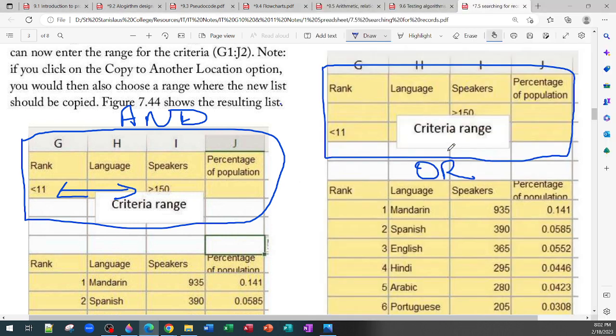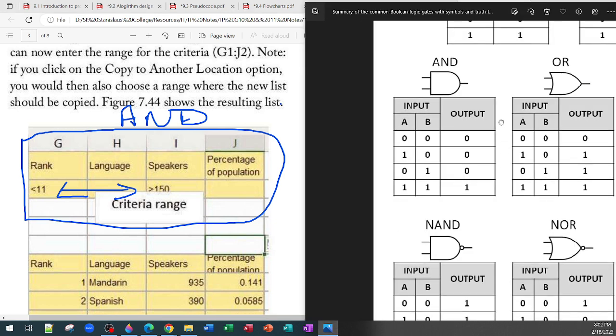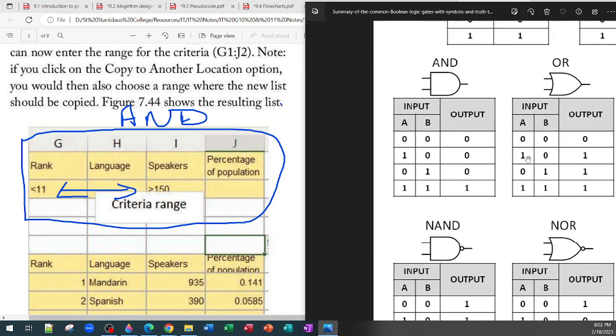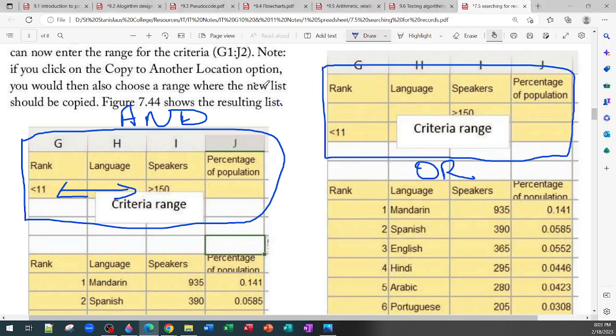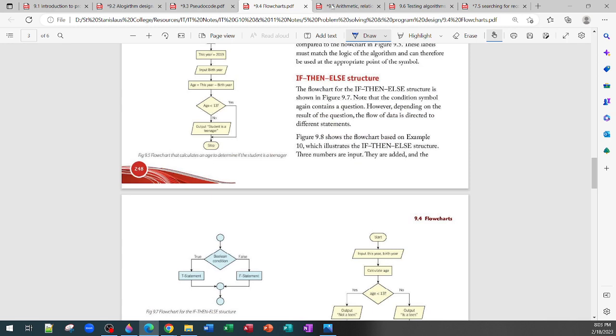And then for the OR, at least one has to be true, and you're going to get a result. So everywhere that you see a one, there's at least a true happening in this OR here. So we already learned about this. We already used it in that spreadsheet case.